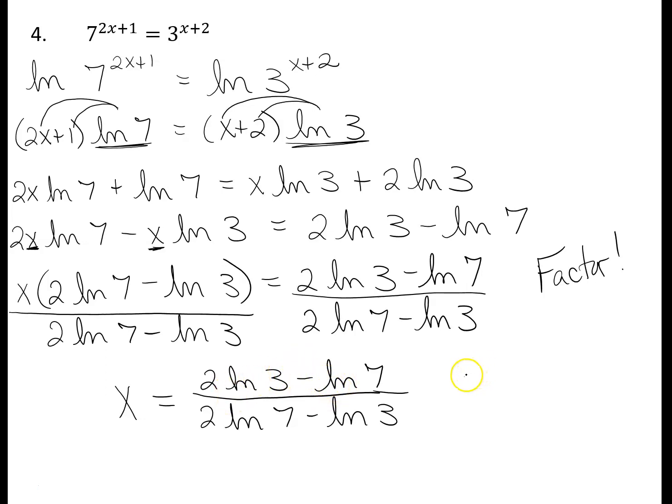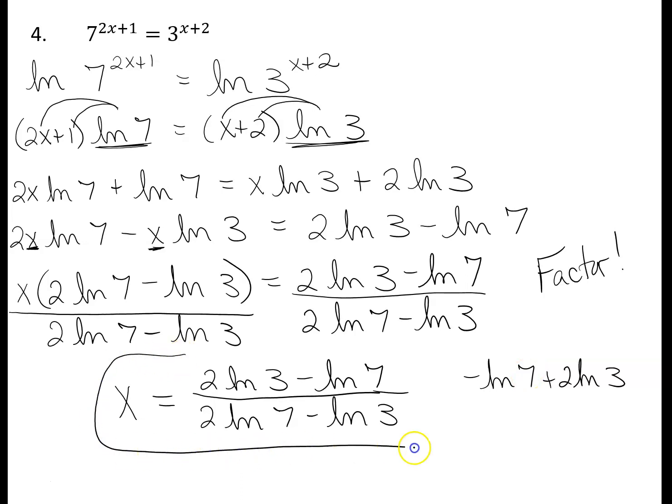Maybe on top you wrote minus log 7 first and then plus 2 log 3. That's okay. It doesn't matter the order of the terms as long as the signs are correct. Okay, so this is our answer.